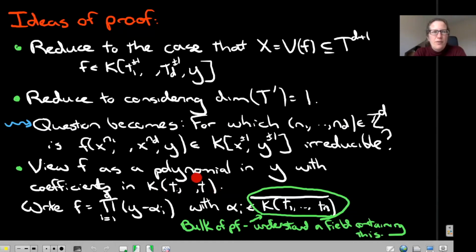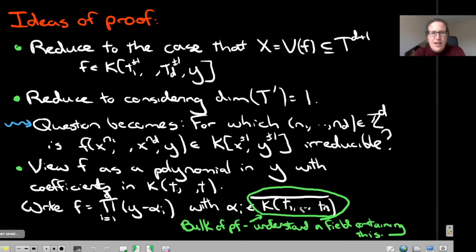So we're basically saying, take your original polynomial, don't think of it as living in the Laurent polynomial ring, think of it as a polynomial in y with coefficients in the field of rational functions in t1 up to td. We're pretty good about thinking of polynomials in one variable. Factor it. Your alpha i are going to live in the algebraic closure of the field of rational functions here.